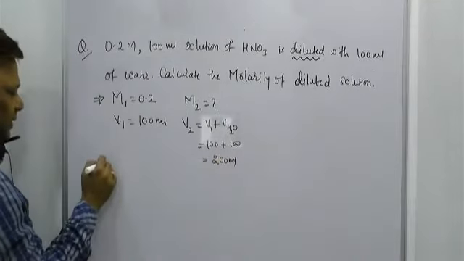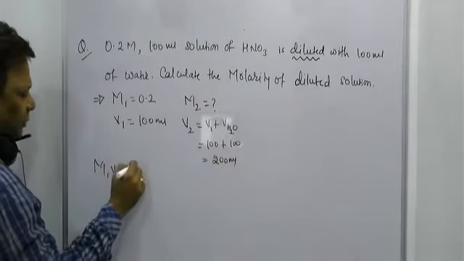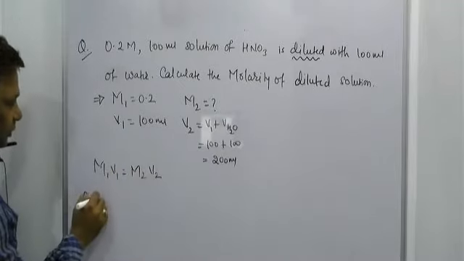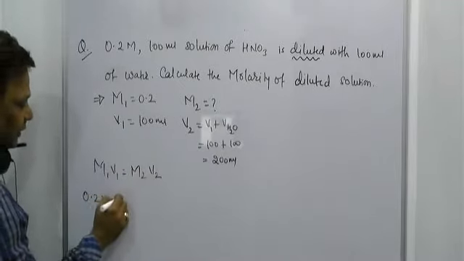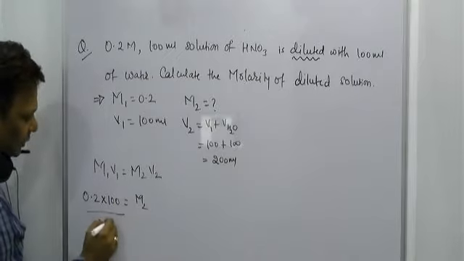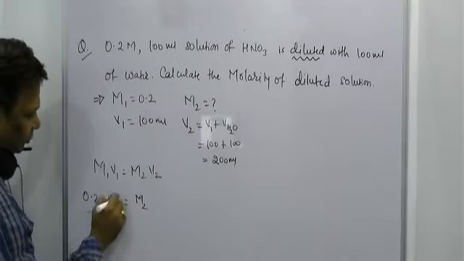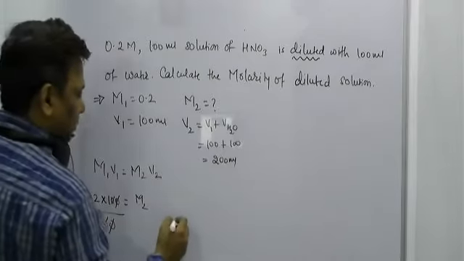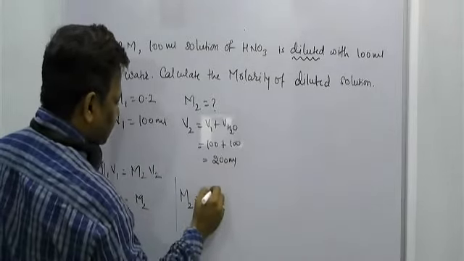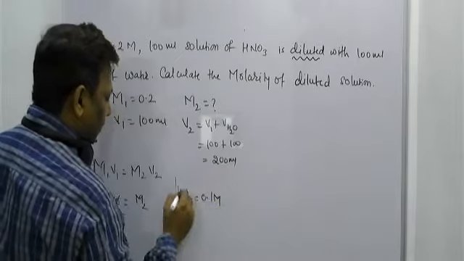Our dilution law: M1 V1 equals M2 V2. Beta, M1 is 0.2, V1 is 100, M2 to find out, V2 is 200. 0.2 by 2 equals 0.1. Hence we can say the molarity of the resulting solution is 0.1 molar.